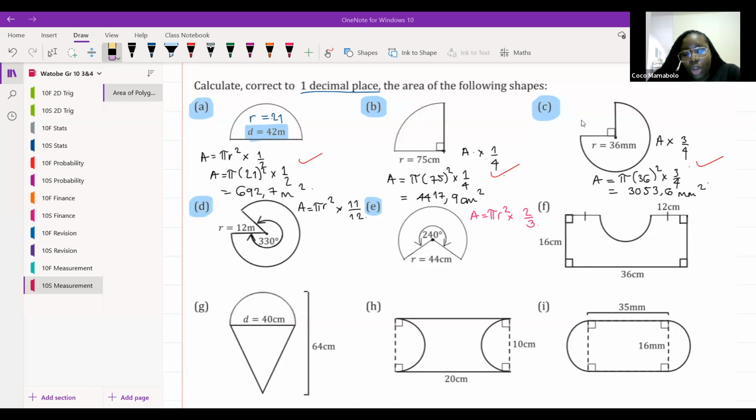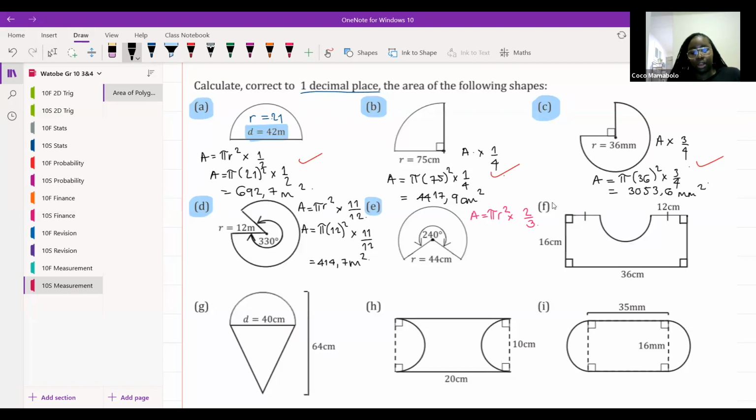All right, that's plenty of time, guys. Remember, we're just plugging and playing into our calculator. We're not really doing much calculating, right? So we're going to say the area is equal to pi times 12 all squared times 11 over 12. Pi times 12 squared times 11 over 12 is equal to 414.7 meters squared.